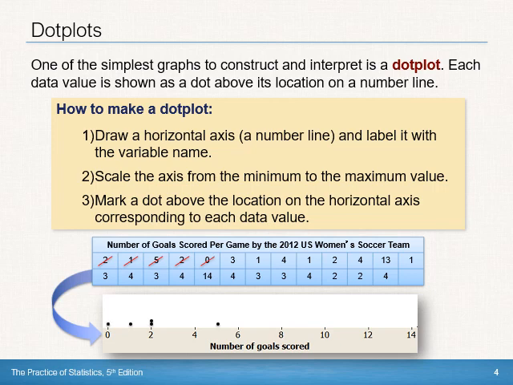All right, so a 0 is the next one. And I just go through these one at a time. A 1, I put another dot above the 1 and cross it out. A 4, and cross it out, and so on. You have to be careful that when you cross them out, you're not obliterating them. You want to make sure that if you go back to check your data, your numbers are still there.